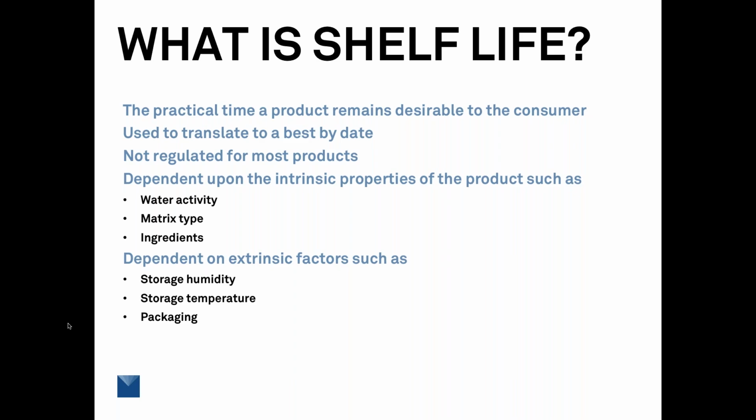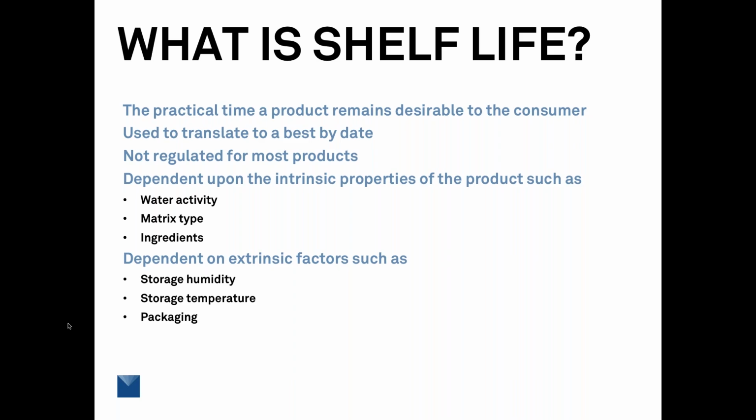Okay, so start out with what is shelf life? Roughly, if we give a rough definition for shelf life, it's basically the practical time that a product remains desirable to a customer, where they're still going to want to consume it, still purchase it.